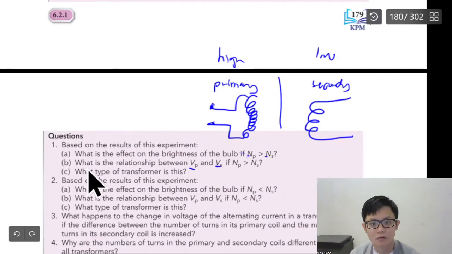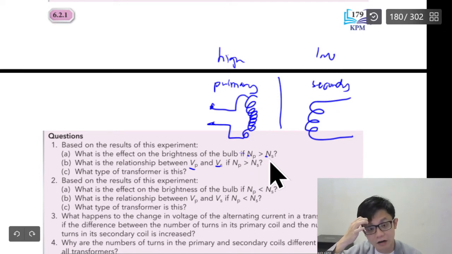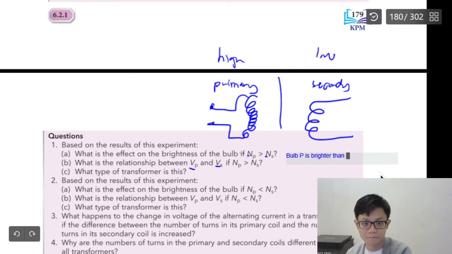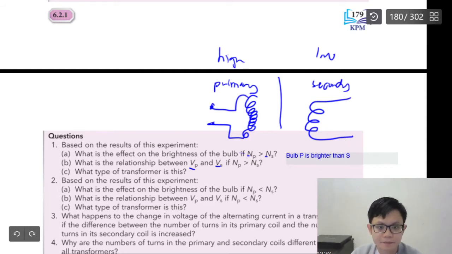So if the number of turns in the primary is more than the number of turns in the secondary, obviously bulb P is brighter than bulb S. Can make sense?